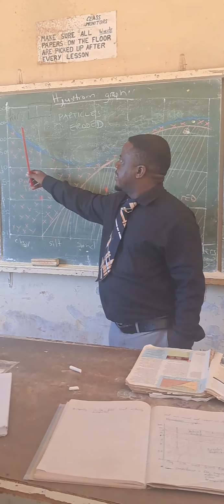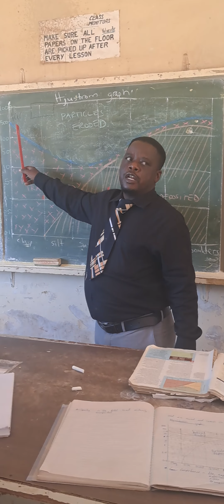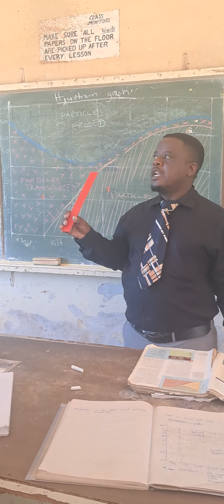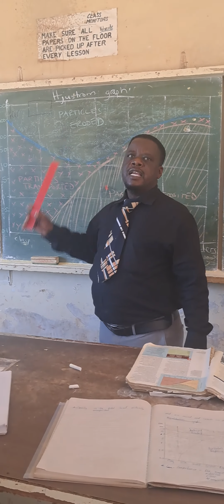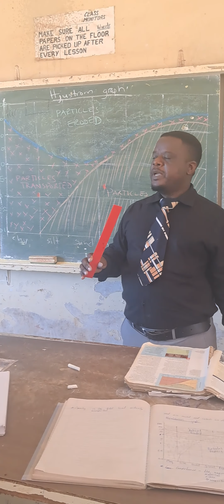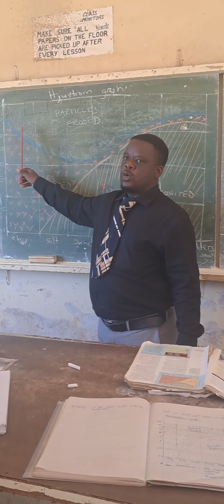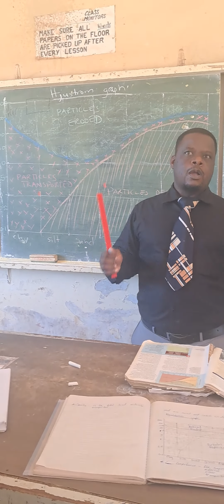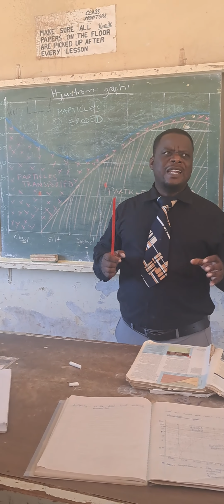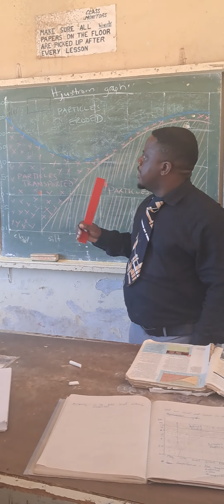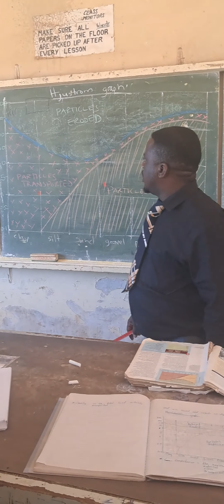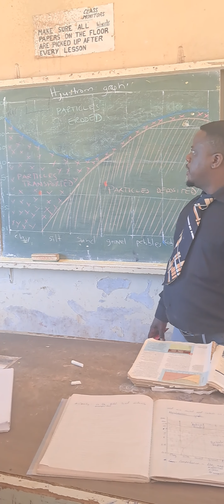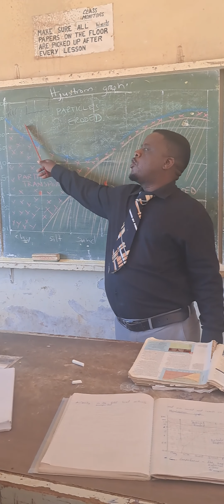So we are saying the amount of energy required to detach clay particles from where they are stuck is very high. The reason being that clay particles have high cohesion, they are closely packed, so they need a very high velocity to be moved.